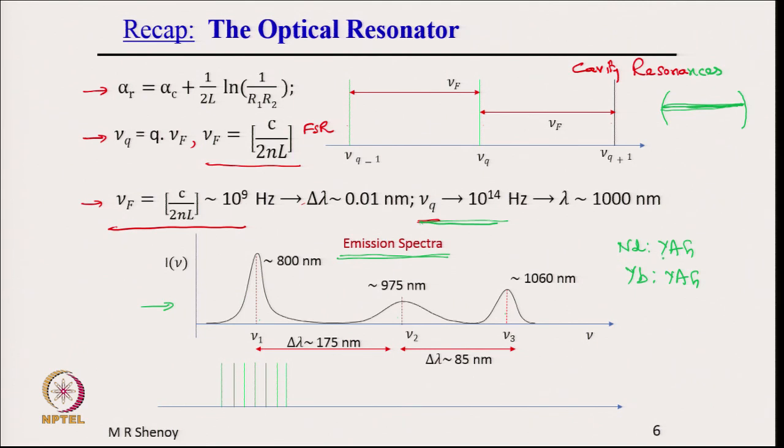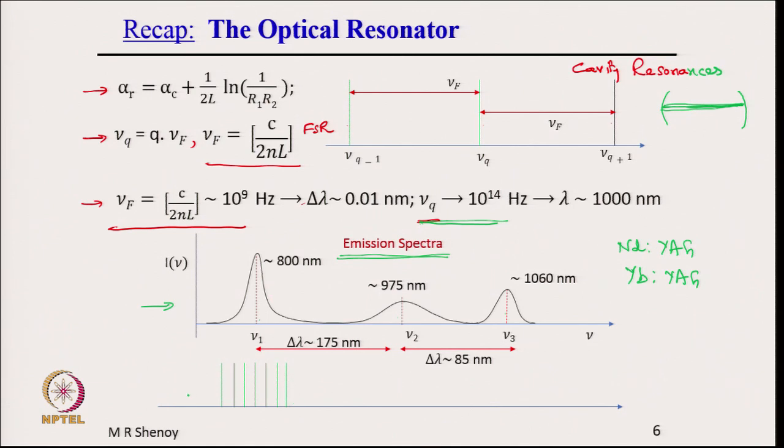Nd is neodymium in YAG host, yttrium aluminum garnet, and Yb is ytterbium in YAG host. Typically these are the resonances centered around wavelength 800 nanometer, 975 nanometer and 1060 nanometer. These are the atomic resonances.